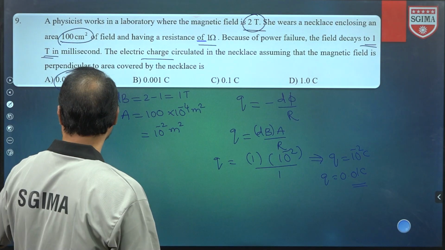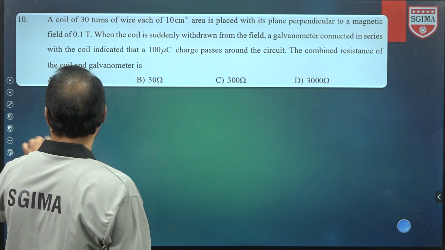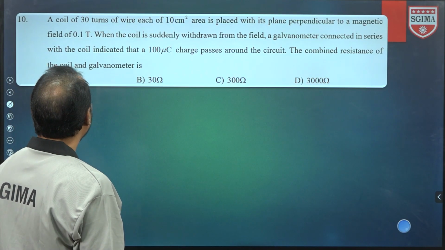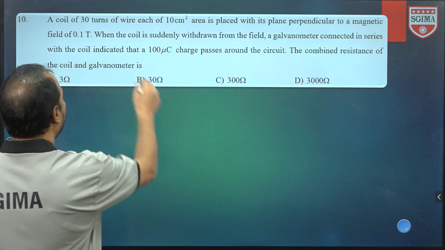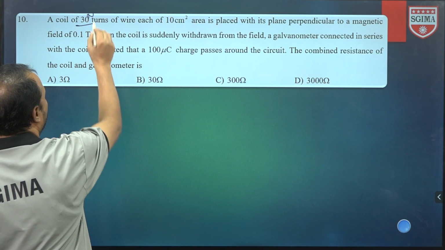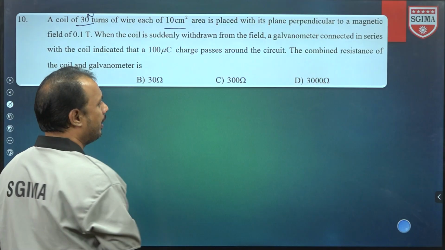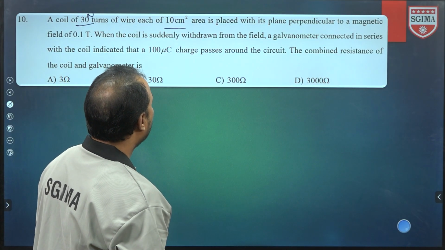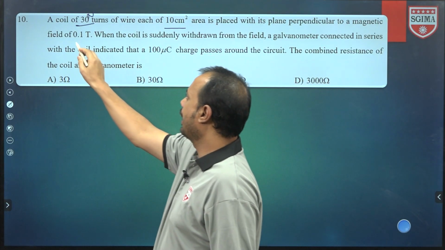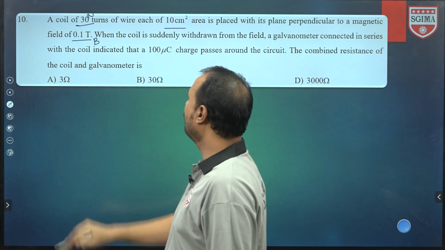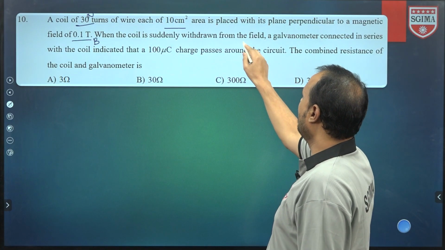Okay. Now coming to the next question, question number 10. In question number 10 it is mentioned that a coil of 30 turns, the total number of turns, and area 10 centimeter square, is placed perpendicular to the magnetic field B, and the coil is suddenly withdrawn from the field.